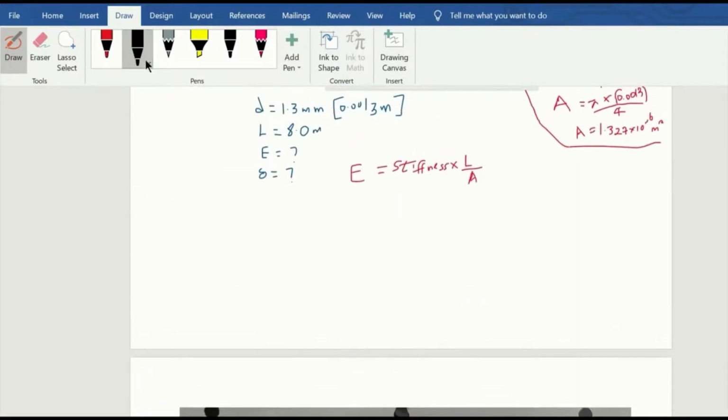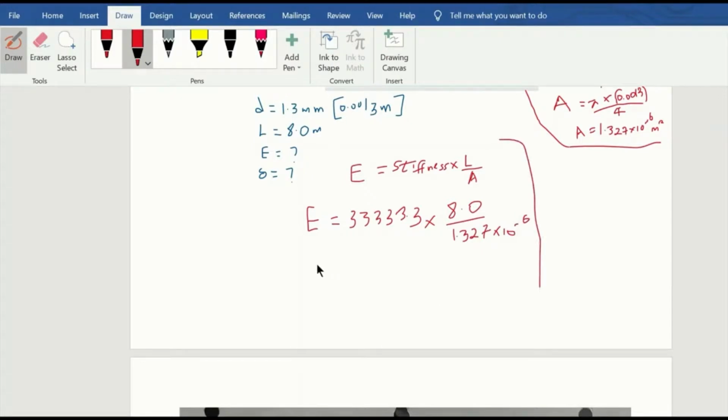So therefore, my modulus E is equal to the stiffness, 33.3, times the length, 8.0, divided by the area, 1.327 times 10 to the minus 6.